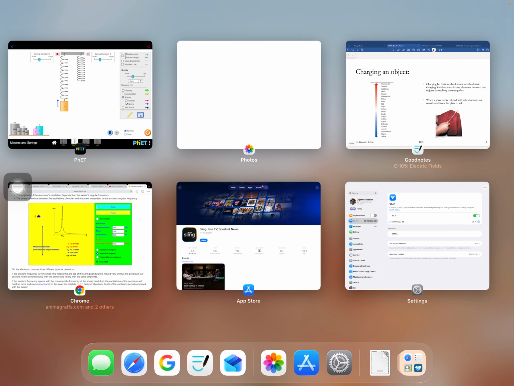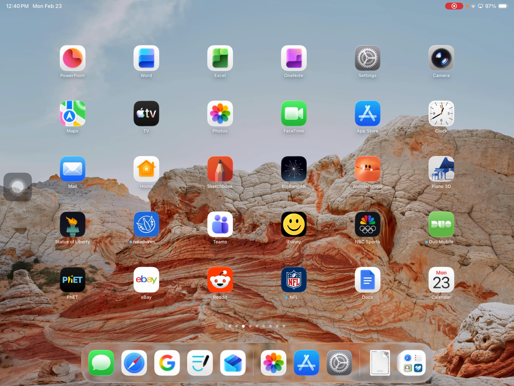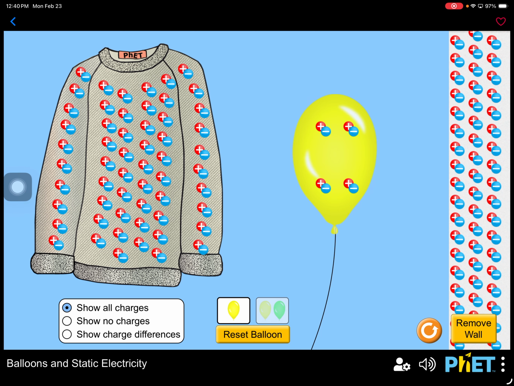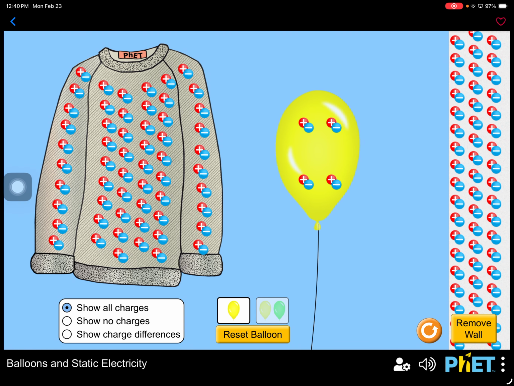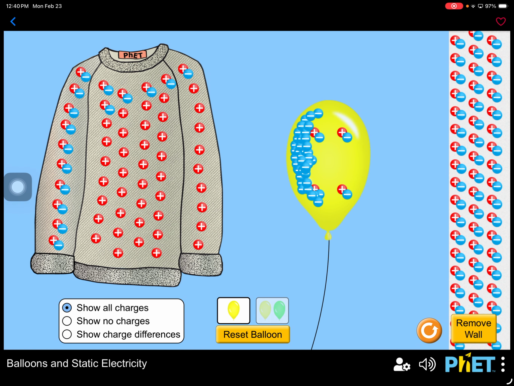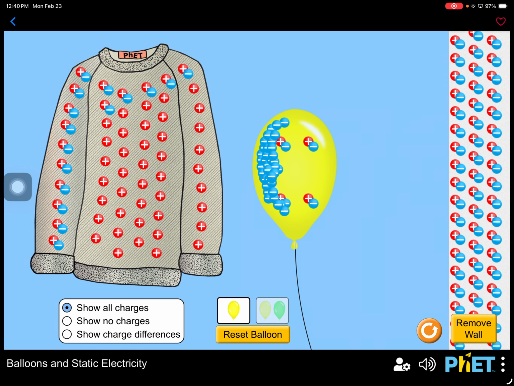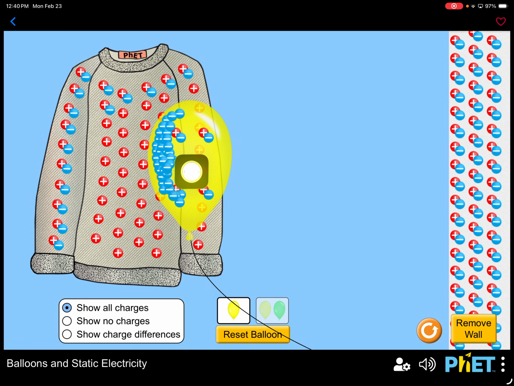You saw that if you take two materials of the appropriate kind, here's rubber rubbed against wool. What happened was the wool atoms gave up electrons, and the rubber atoms attracted electrons.